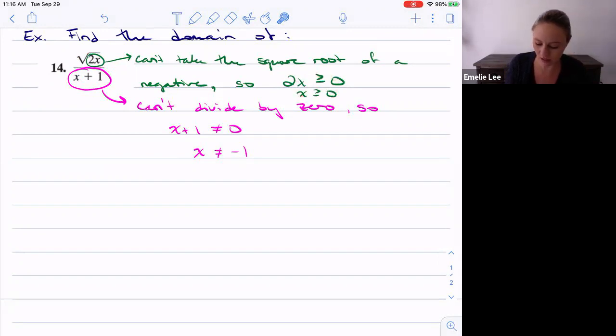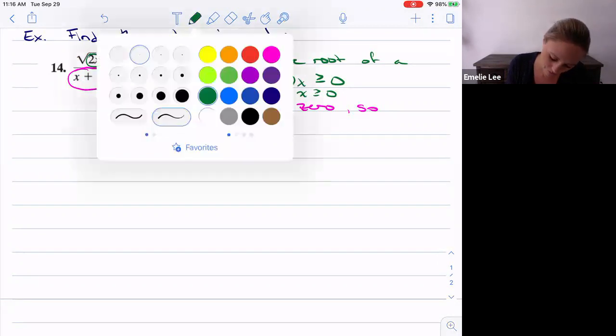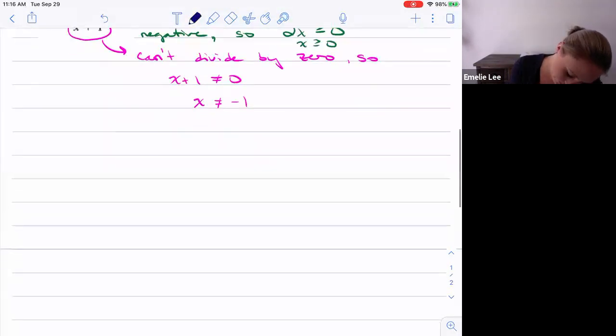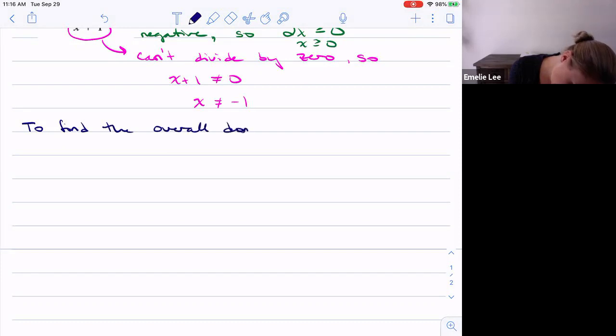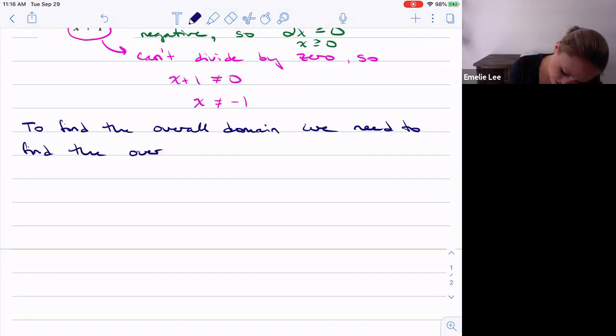So this would be an individual domain, and this would be an individual domain. To find the overall domain, we need to find the overlap of the two individual domains.